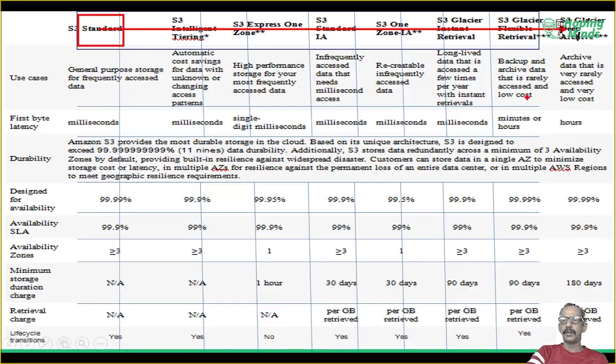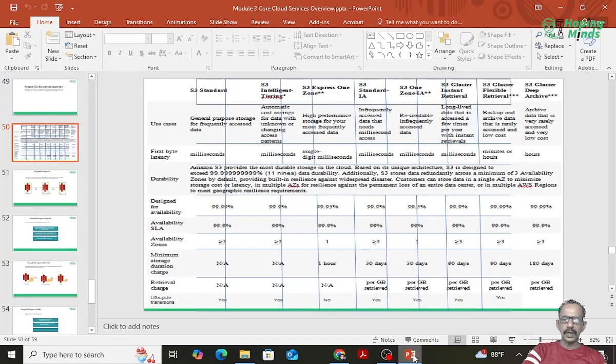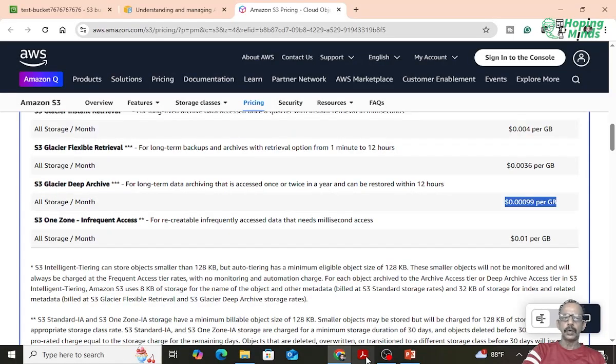But data we have to access monthly, we can move to Glacier, or on a yearly basis. Maybe sometimes required in a lifetime, then put it in Glacier Deep Archive. Clear? So for that purpose, we configure lifecycle rules here.